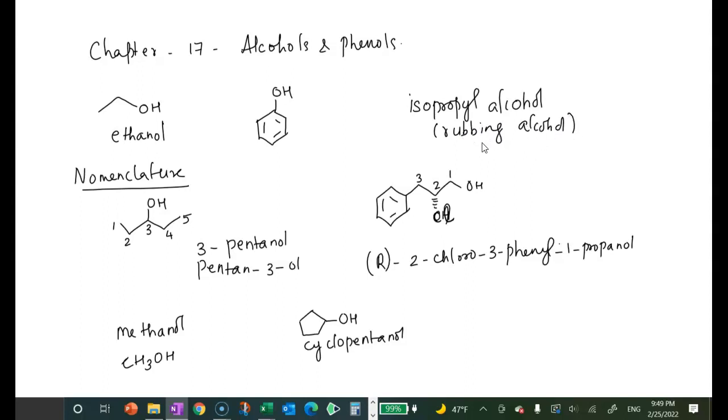This is also prepared industrially by the acid catalyzed hydration of propylene. It's a local antiseptic, and we also use it as an industrial solvent. So this is some basic idea about the alcohols and phenols and their namings. Let's look at some of the important physical properties of alcohols.